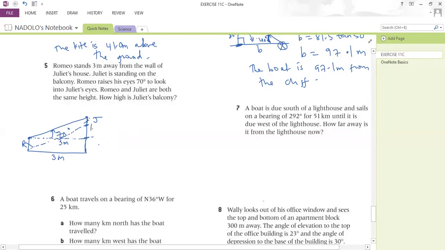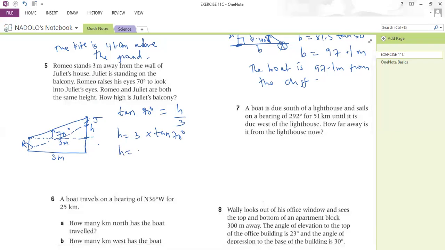So we are looking for this height, so we can use tan. Tan of 70 degrees will be given by opposite over adjacent. So for you to get the height, will be 3 multiplied by tan of 70 degrees. So if you use your calculator, that will be tan of 70 multiplied by 3.